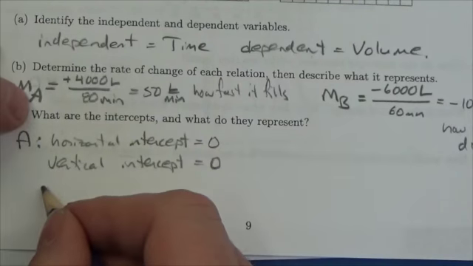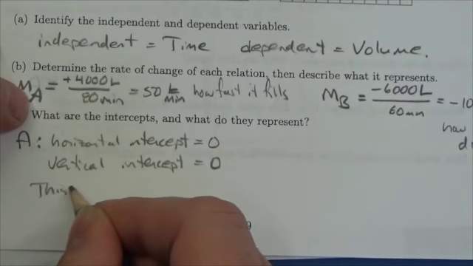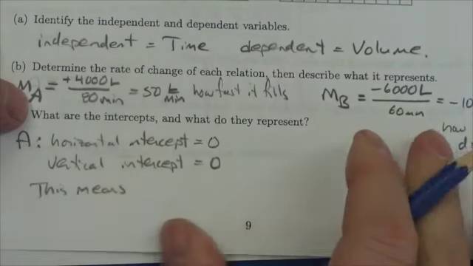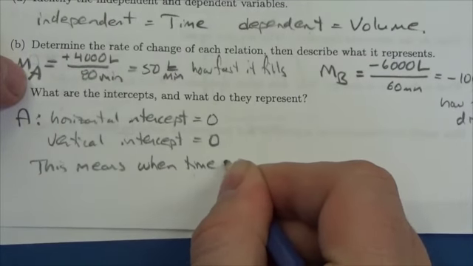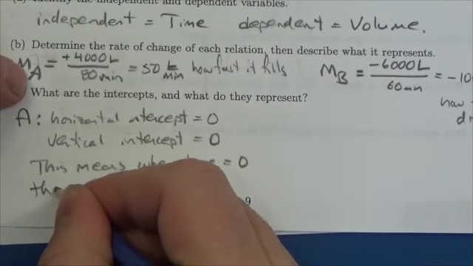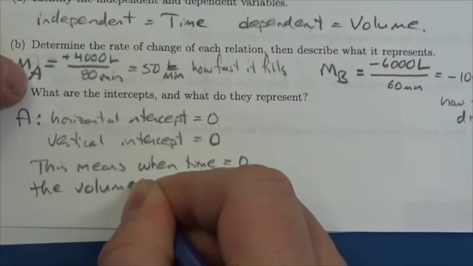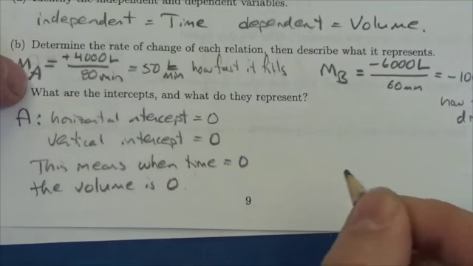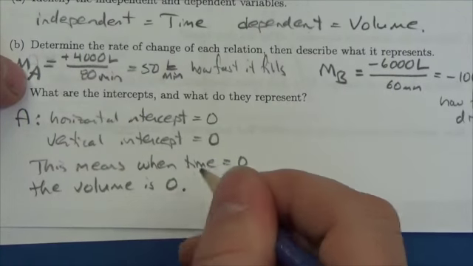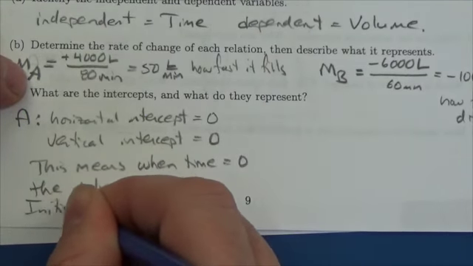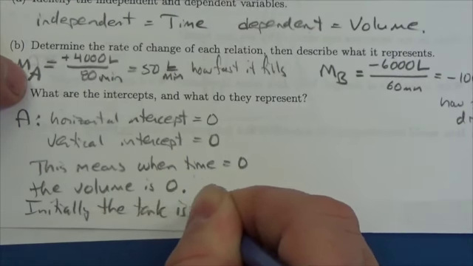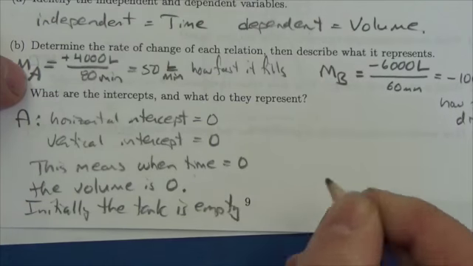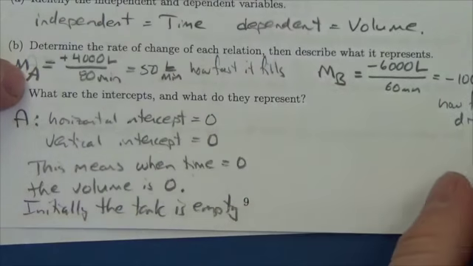Well, this means when time is 0, the volume is 0. Or, better stated, initially the tank is empty. That probably makes more sense than the way we're describing it up there.